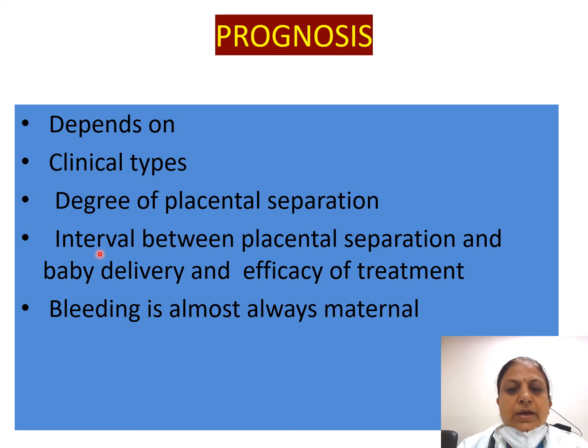Very quick action needs to be taken: the shorter the duration between diagnosis and delivery of the baby, the better the outcome. And bleeding here is always maternal, so blood replacement is very important in abruptio placentae.